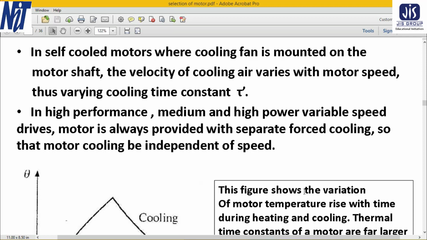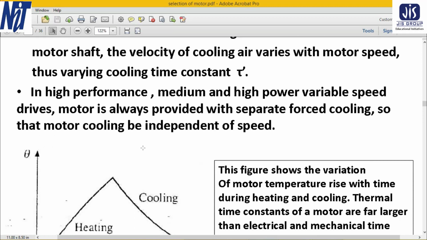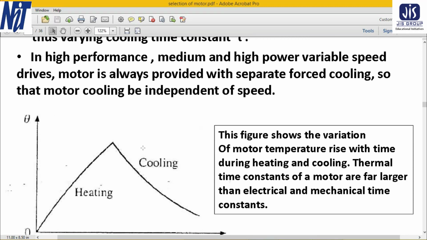So if the speed increases, the cooling air will also increase, so it will help in cooling much faster than if the motor runs at slower speed, and thus varies the cooling time constant tau dash. And in medium and high power variable speed drives, we use forced cooling, so that motor cooling is independent of speed, independent of the motor fan.